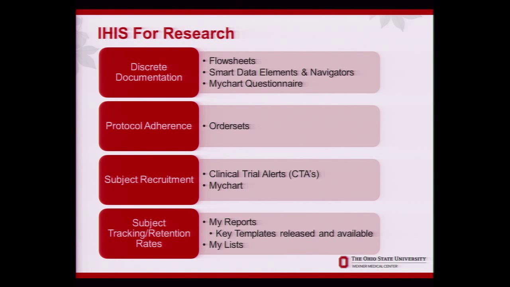And so we rework workflows so that it all starts getting captured discretely. We work with protocol adherence. Subject recruitment is a big one for us. And finally, subject tracking and retention. We do a lot of reports directly in Epic so that we can work with you. That's basically it for Epic and IHIS. Like I said, email me if you're interested in finding out more.